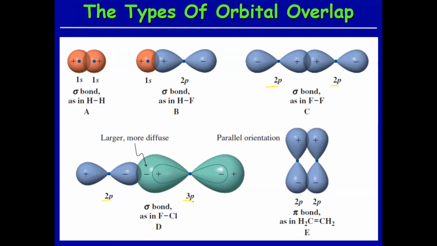In something like fluorine and chlorine, please note that the 2p from the fluorine will still be present. And if the 3p is positive, the 2p must have been negative.